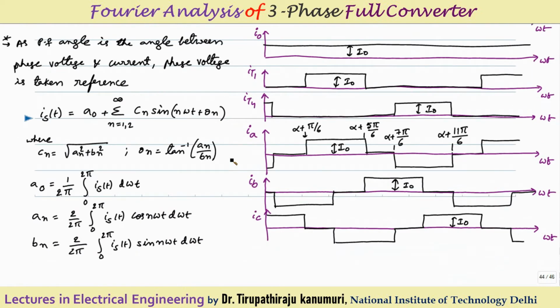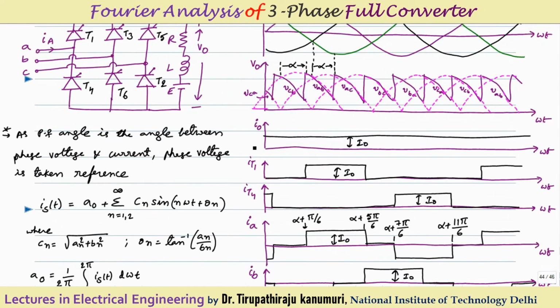Now coming to the current IA, the current supplied by phase A. Where A is coming first, in VAB and VAC, during that duration the current will be positive. You can see the current is positive, and wherever A is coming second, that means the negative group is conducting, so the current direction in the source is opposite.